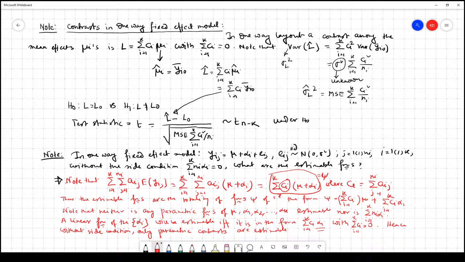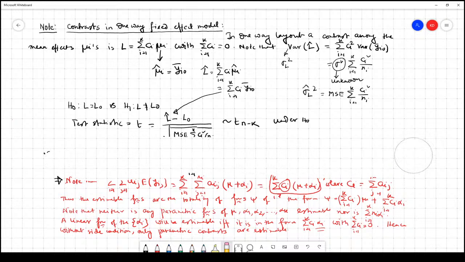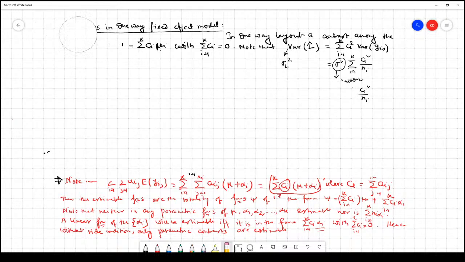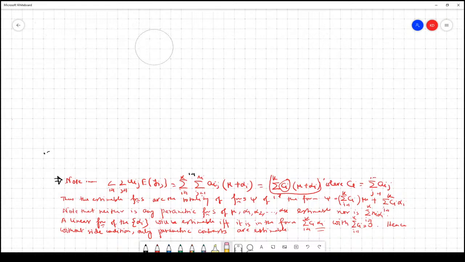So we can conclude that without side condition only parametric contrasts are estimable. So this is note 3.